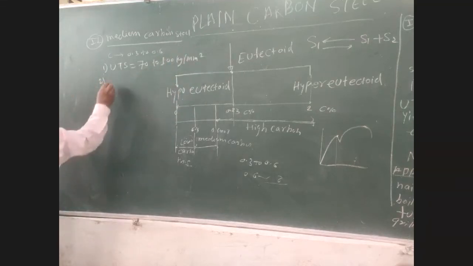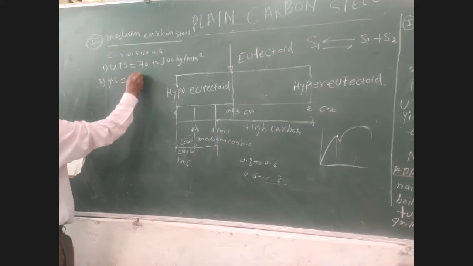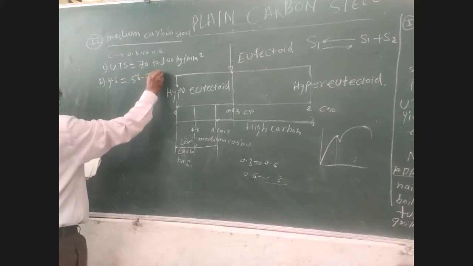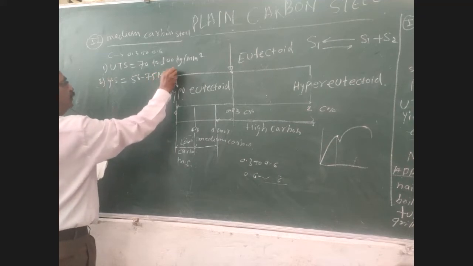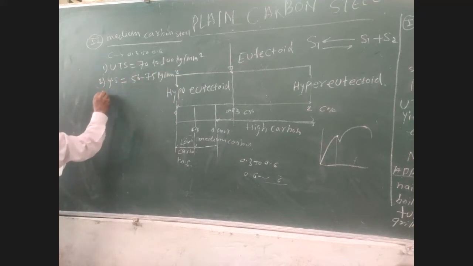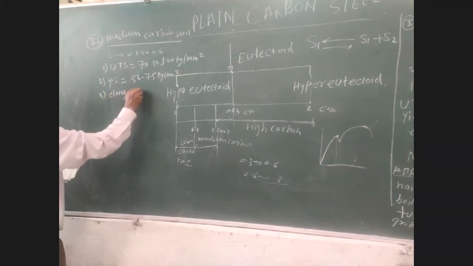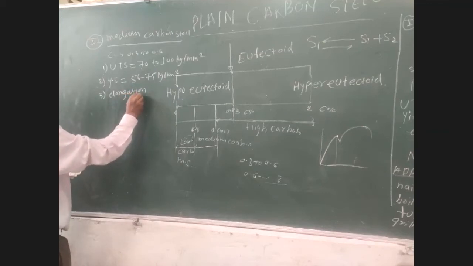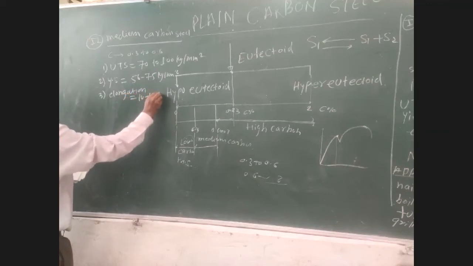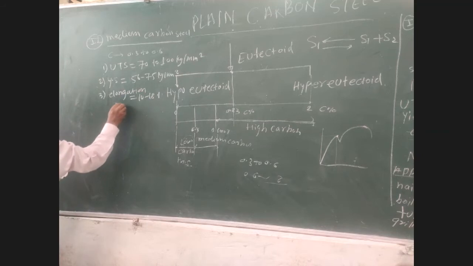Second, yield strength: this is 56 to 75 kg per mm square. Then third, elongation: this is equal to 10 to 18%, and it is hardenable.